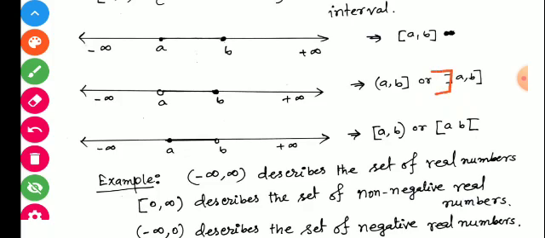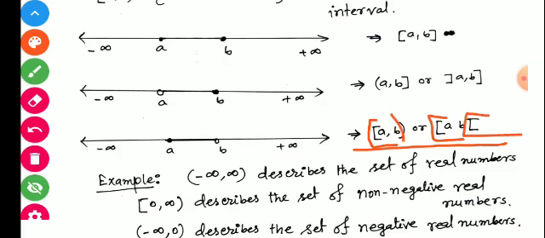Here the open one is written with a round bracket and the closed one with a square bracket. Here also you look, this one is closed, this one is also closed, this is open, and open is in reverse order.